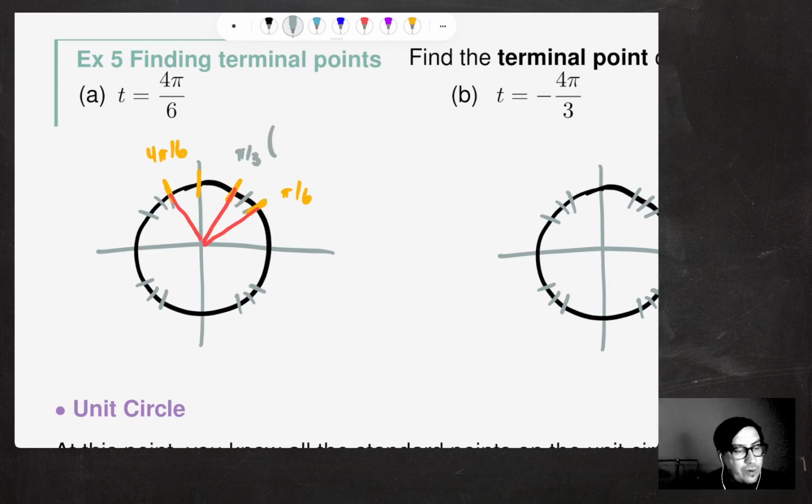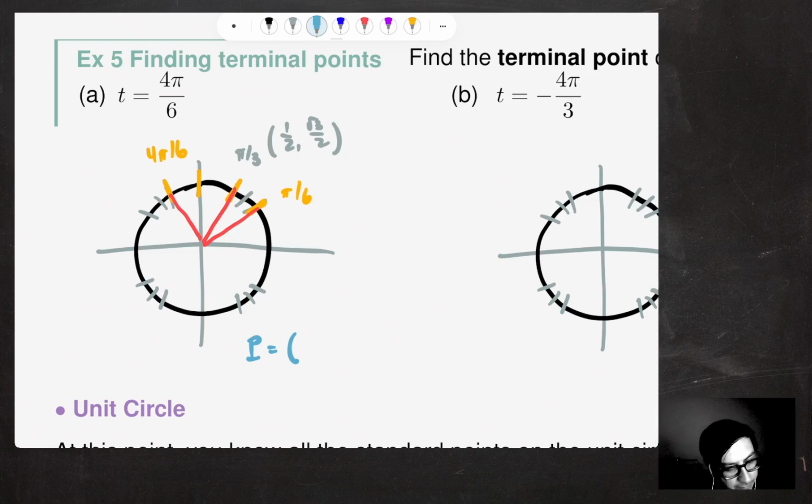So let's see, pi over 3 was 1/2, root 3 over 2. And for 4 pi over 6, the answer is going to be, let's just write it down here. So the x-coordinate is going to be, instead of positive 1/2, it flips to the other side, negative 1/2. And then the y-coordinate is going to stay exactly the same.